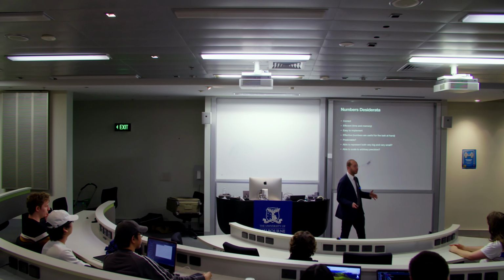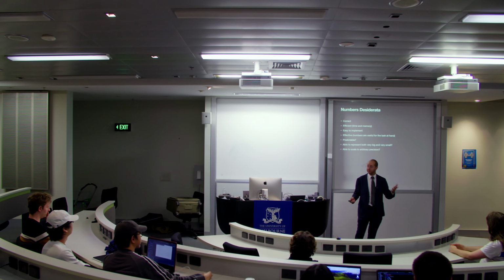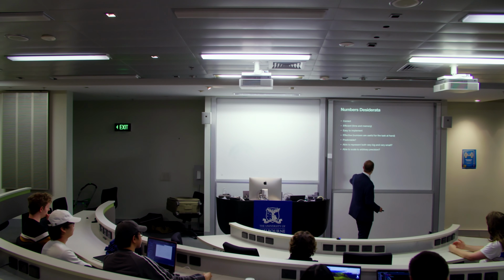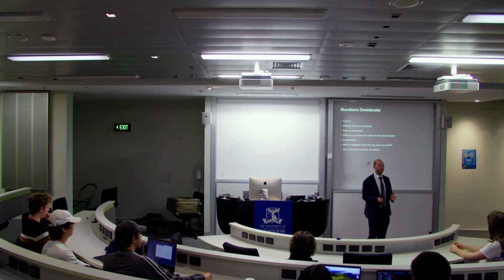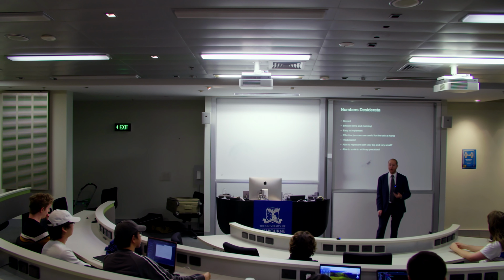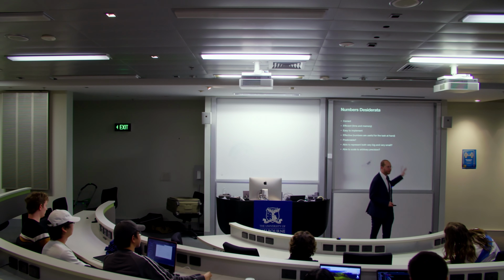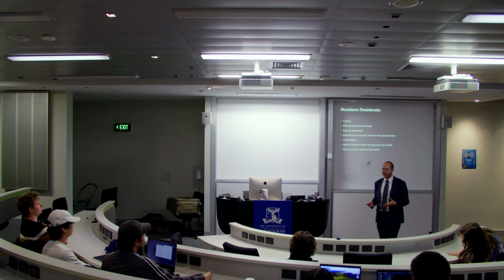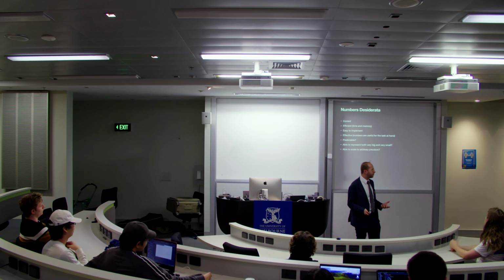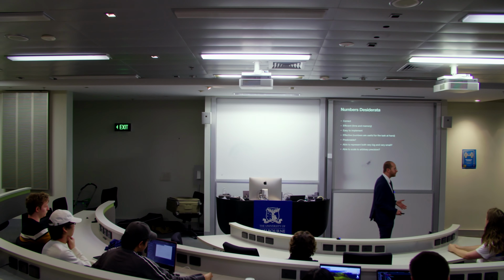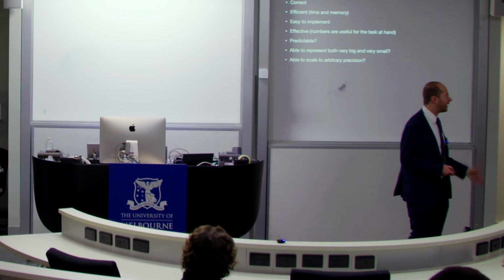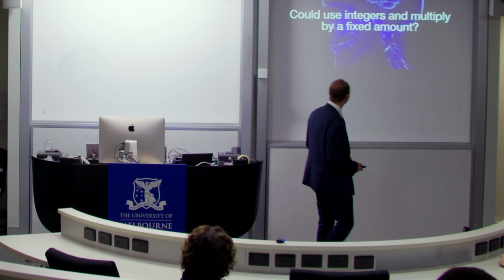And then able to represent both big numbers and small numbers seems like something we'd want, although not as important as the first thing. And then able to be as precise as we want. So how many significant figures or how many decimal places you might want in your number, we might want that to scale. But all of these are quite complex properties, and we might end up, like we've had to do with the rest of semester, making some trade-offs between some of these different properties at different points in time.